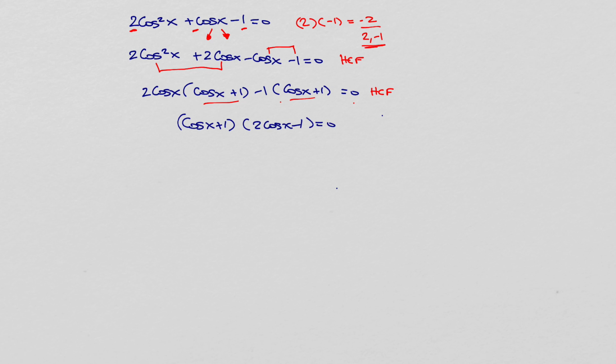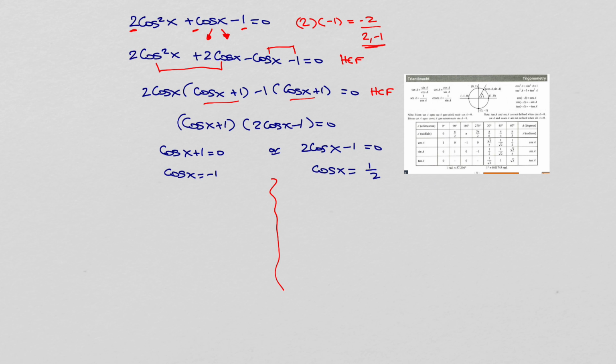Both of those multiply to give us 0, which means that cos x plus 1 must equal 0, or 2 cos x minus 1 must equal 0. So that means that cos x equals minus 1, or cos x equals a half. And now we solve as before.